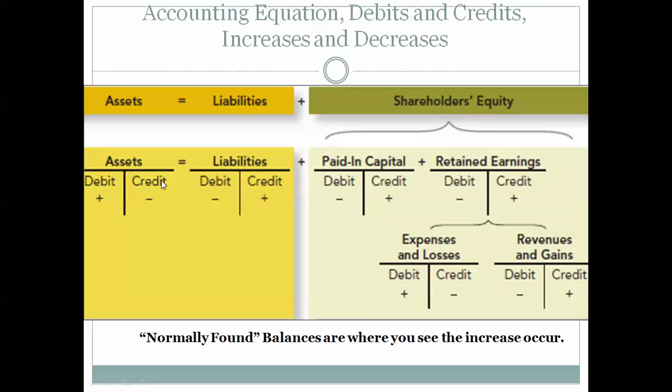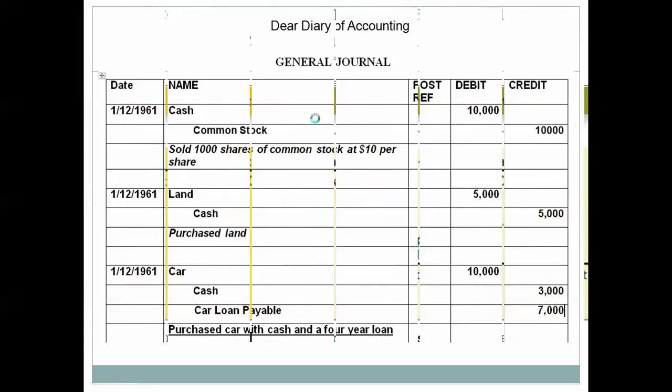Is everything in balance at this point? What is our total? Let's take a look. We've got 10,000 cash, 10,000 in common stock, 5,000 in land. Cash went down. Do debits equal credits? 10 plus 5 is 15,000. 10 plus 5 is 15,000. Yes, they are in balance. Debits are still equaling credits.